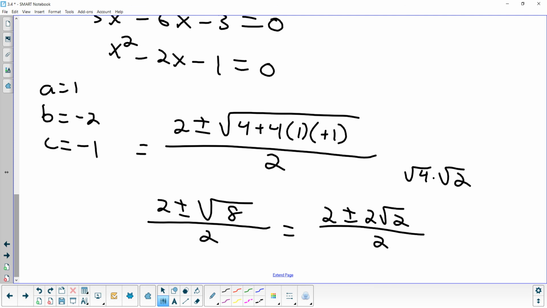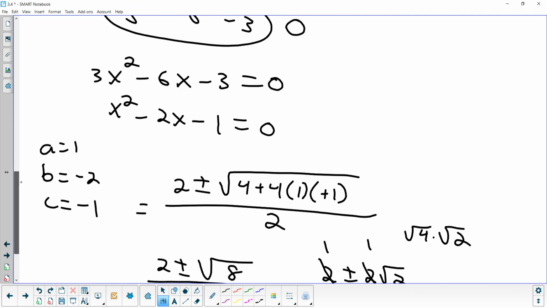Now, everything there has a 2 in common, not under the root. So divide that by 2, that by 2, and that by 2. So the final answer for the other two roots are 1 plus or minus square root of 2.